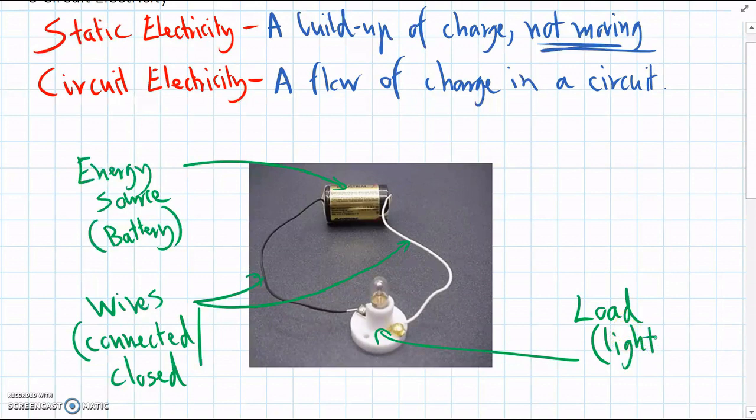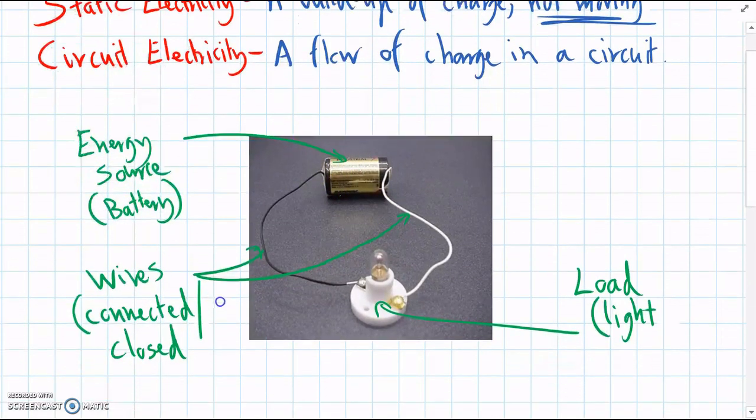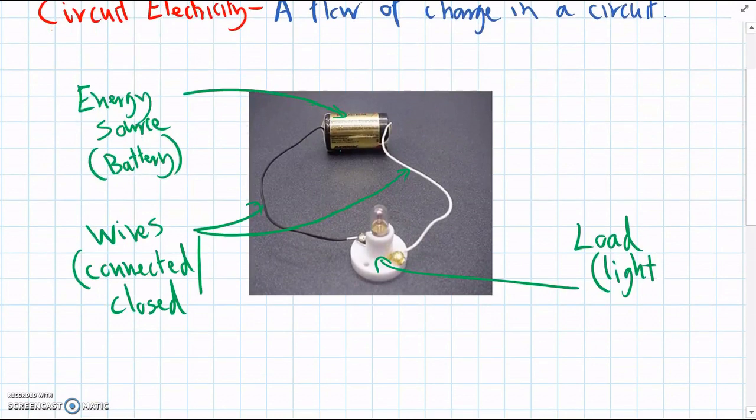And a load is anything that takes energy from the energy source and it converts it to another type of energy. Remember, in our energy topic, we learned that energy can be transformed into different types of energy.